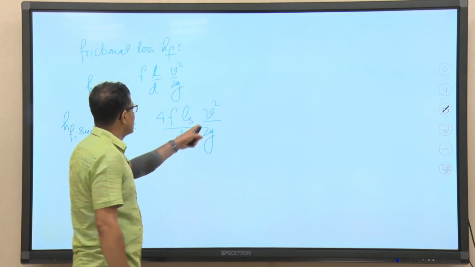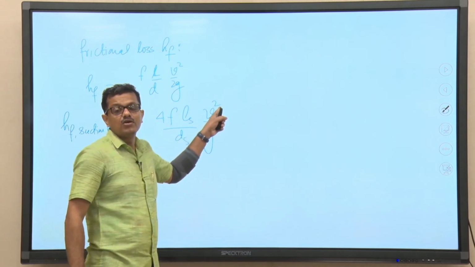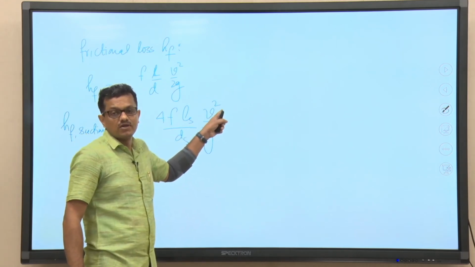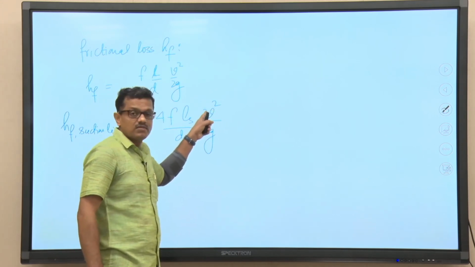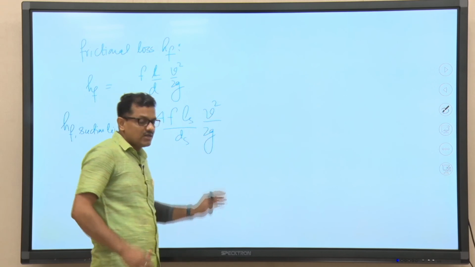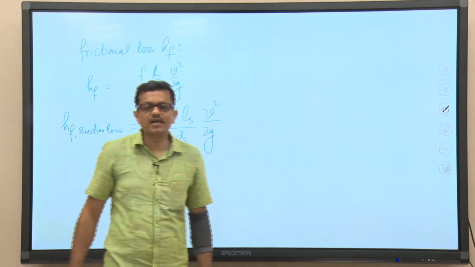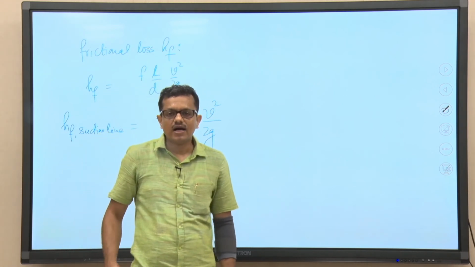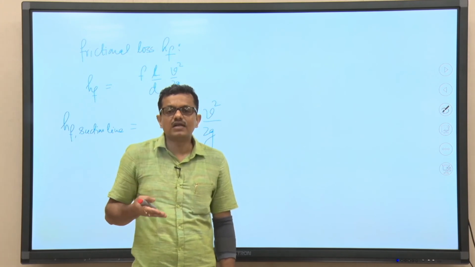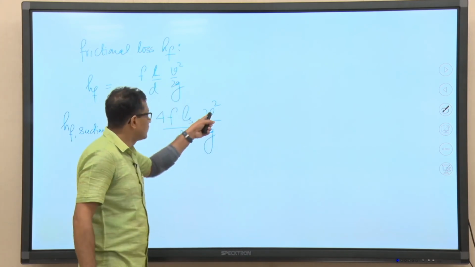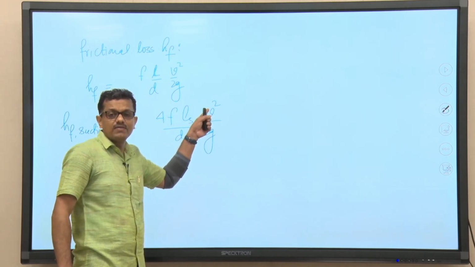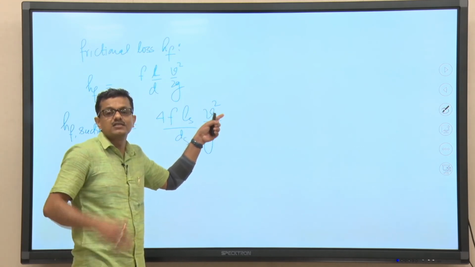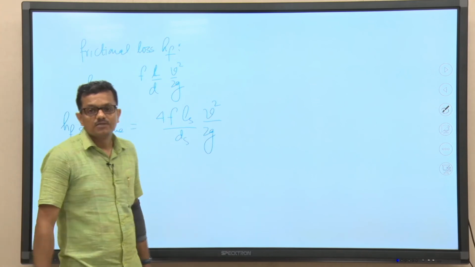Now again we have to relate this V with the speed of the piston. You have studied in fluid mechanics that length scale, velocity scale and time scale are either natural or imposed. Here the fluid velocity inside the suction and delivery pipelines is imposed by the speed of the piston.